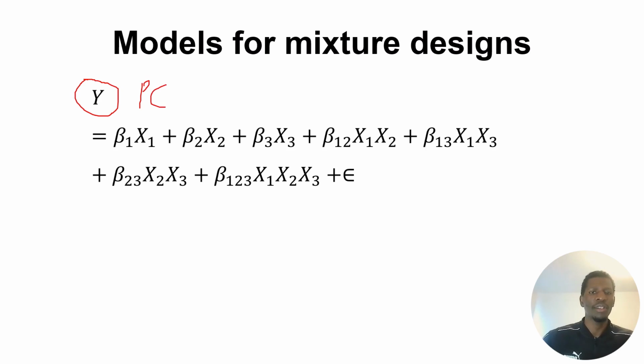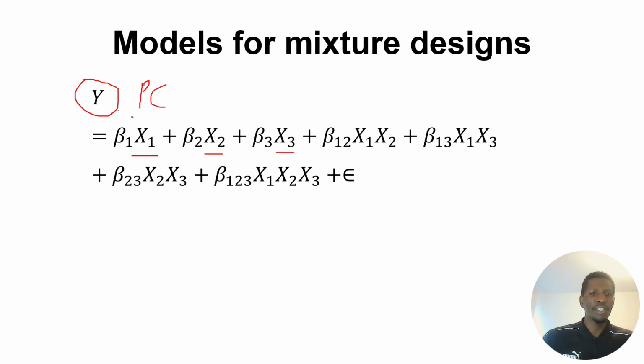Remember that x1, x2, x3 are the ingredients used to formulate the food product. So what is the effect of ingredient x1 on the protein content? What is the effect of x2 and x3?